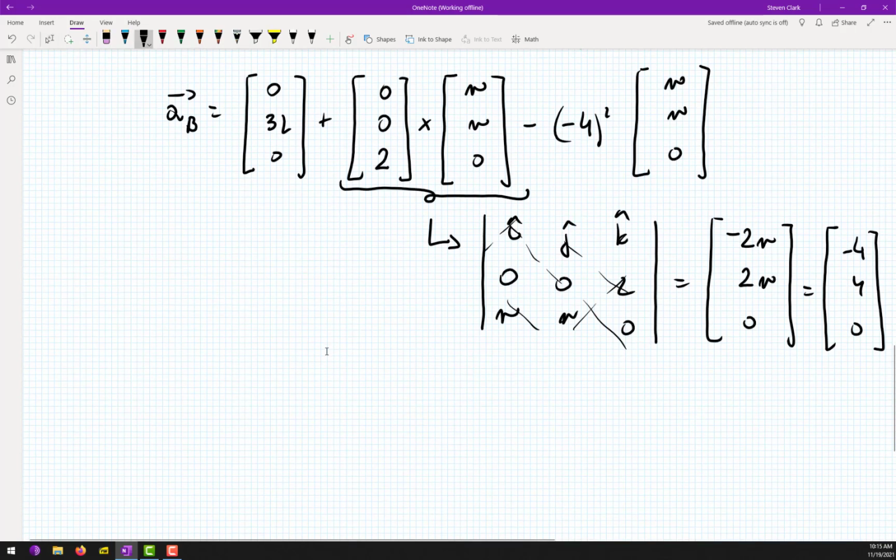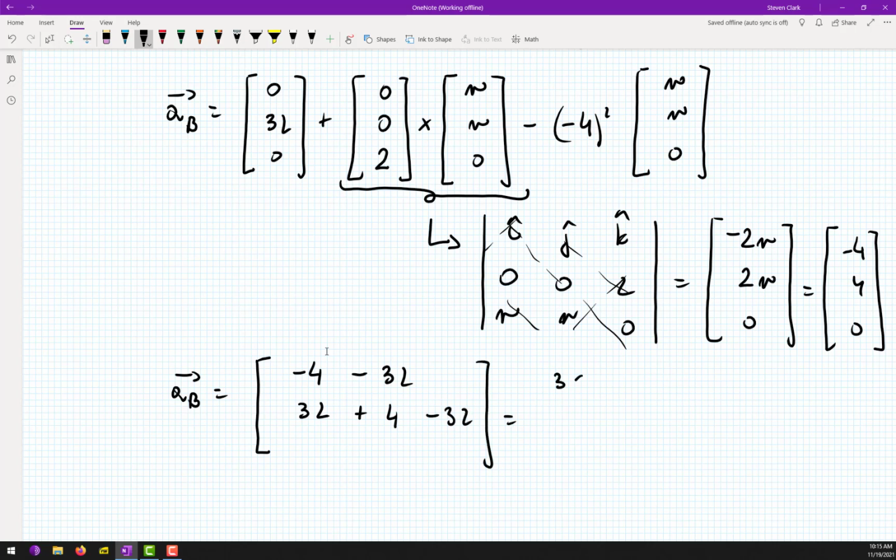Okay, so our AB is equal to minus 4, minus 32, plus 4, minus 32. So that will be equal to 36, 40 feet per second squared. Great, 50% of the problem done.